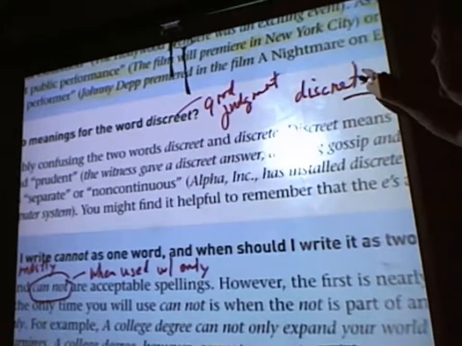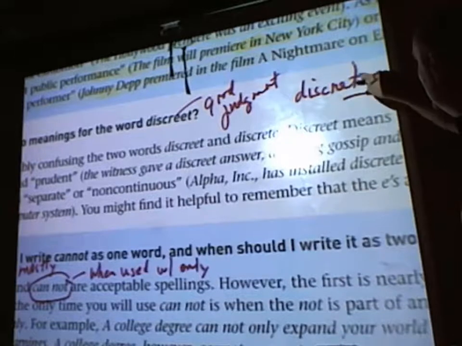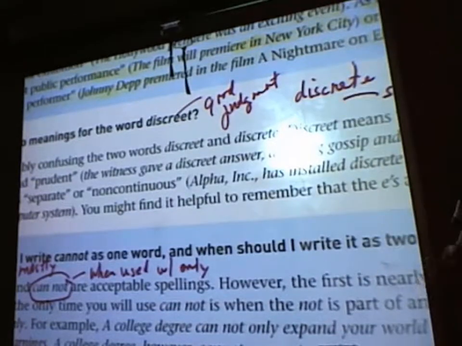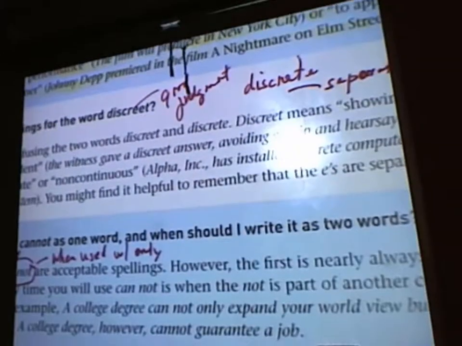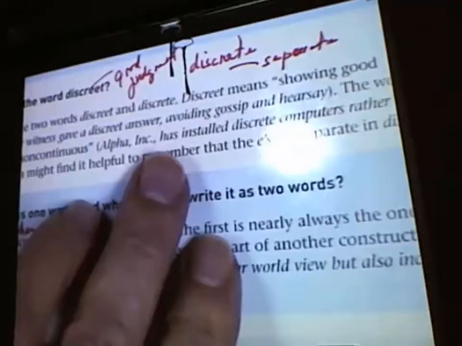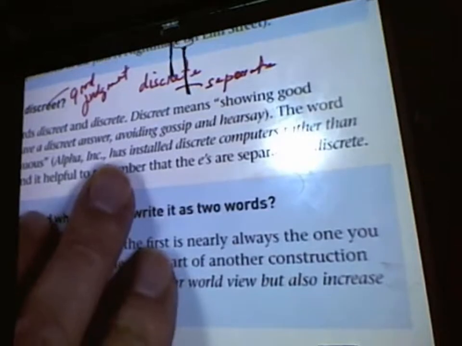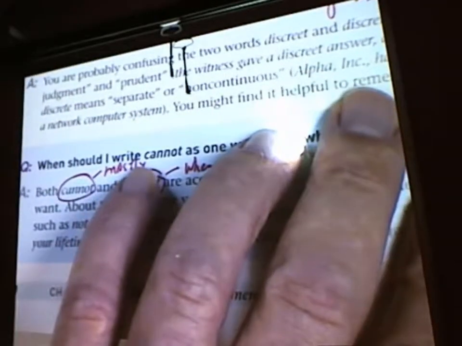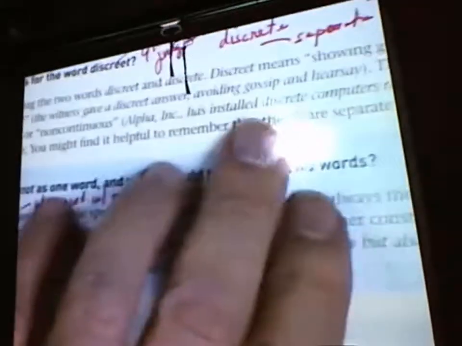For example, Alpha Incorporated has installed discrete, or separate, computers rather than a network computer system. So now the E's are separated, and it means separate computers or different computers. Now discreet, E-E, means to show discretion, to show good judgment.